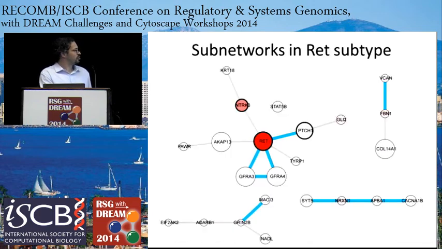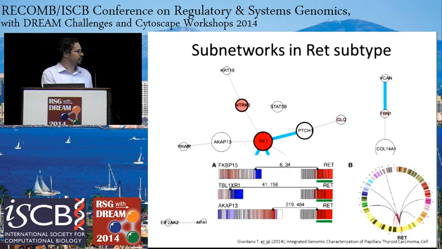And here we could see a network for the RET subtype, which is quite interesting. We see these different RET fusions, and there are also a couple of NTRK3 fusions that are characteristic of this subtype, and some of the other mutations that tend to co-occur in patients of this type.